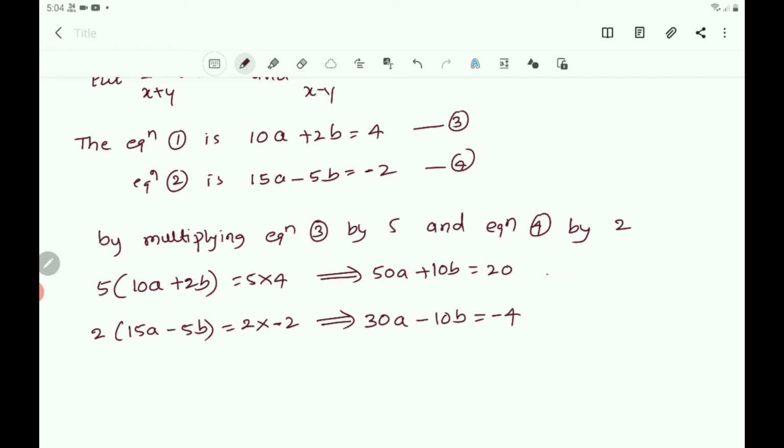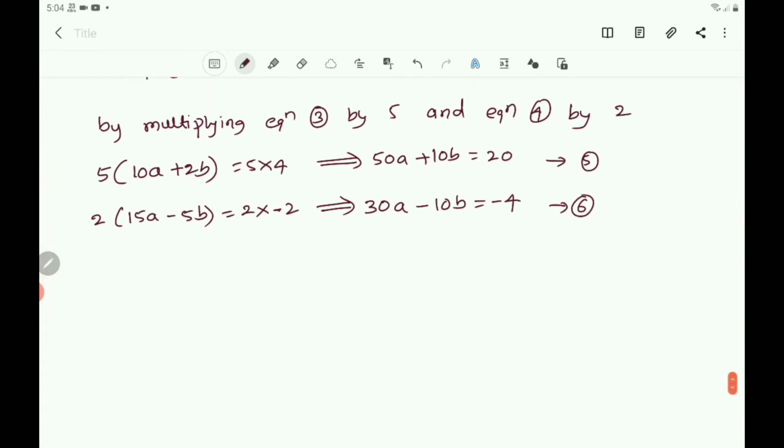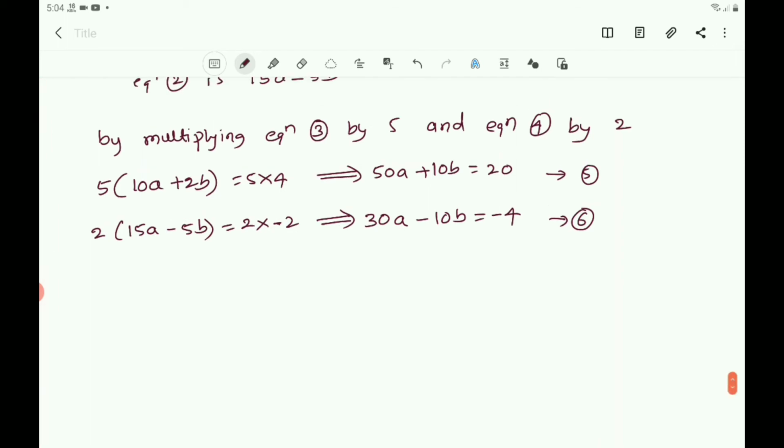Now consider this as the fifth equation and this as the sixth. Here see the signs of the coefficients of the same variable: plus 10 and minus 10. As they have different signs, you can add them to eliminate the variable b.